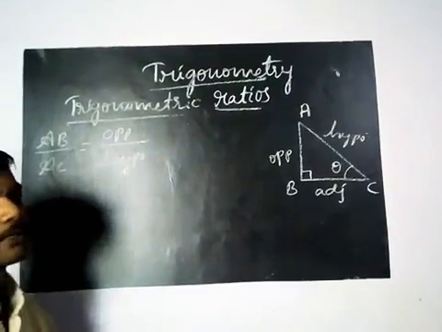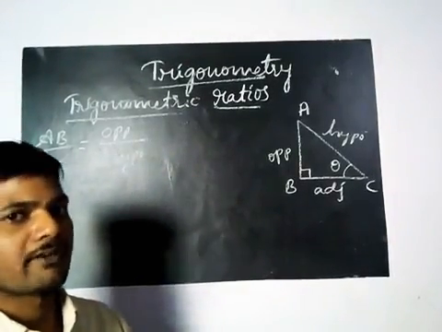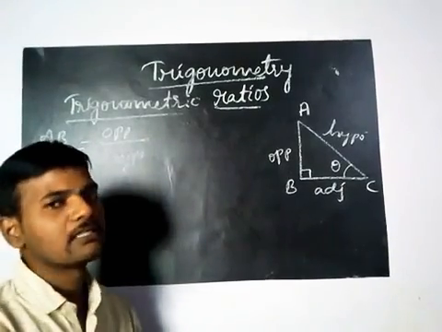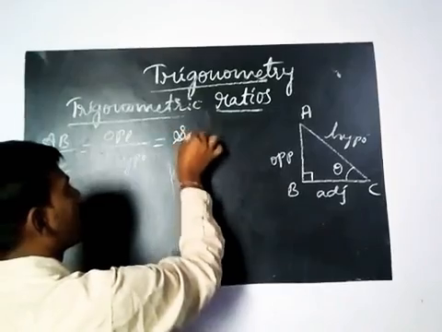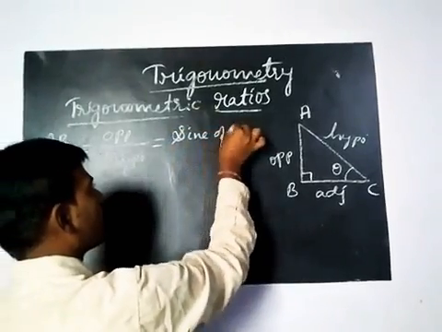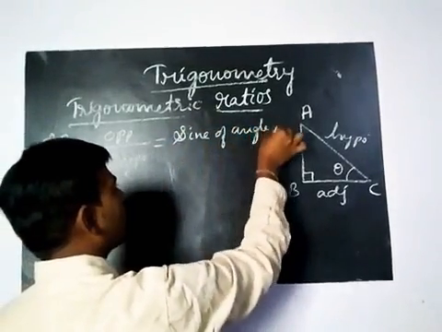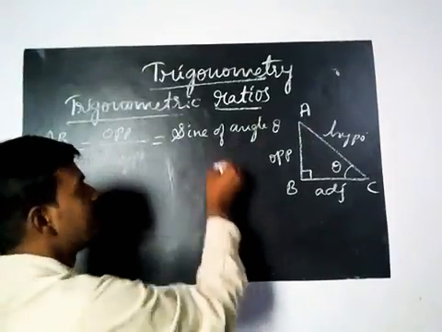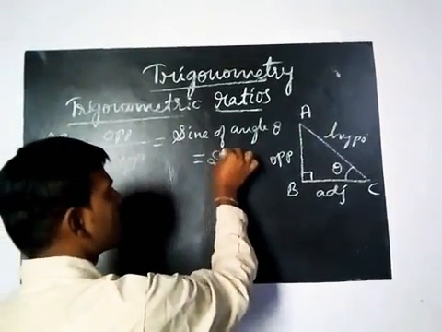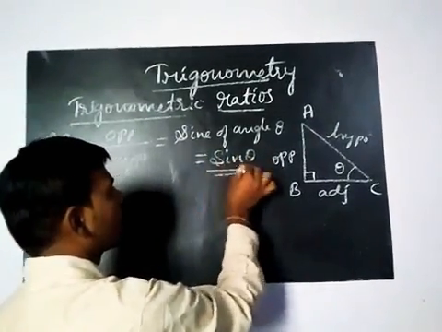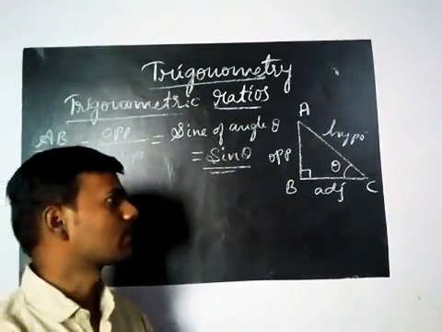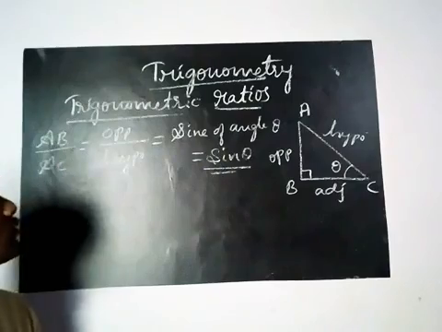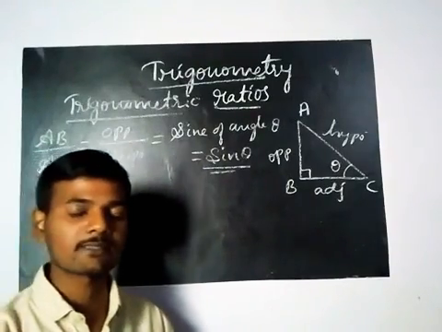So in trigonometry, there is a special name for this ratio as related to the angle theta. We name it sine of angle theta. In short form, it is known as sin theta. It is the ratio of the opposite side to the hypotenuse.